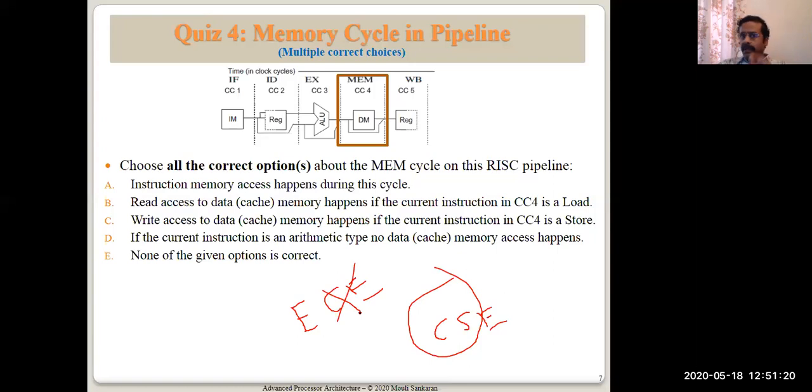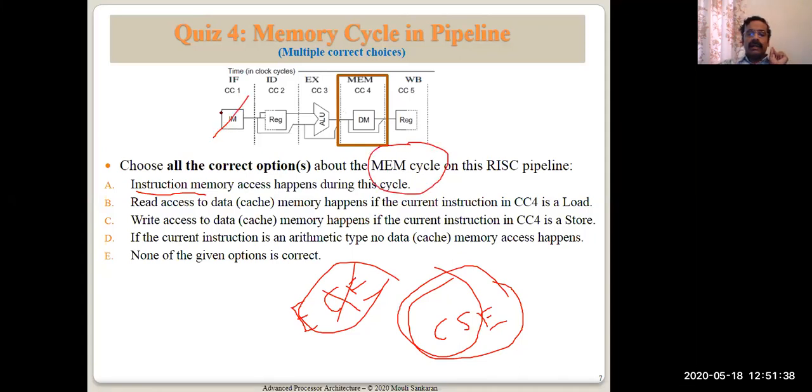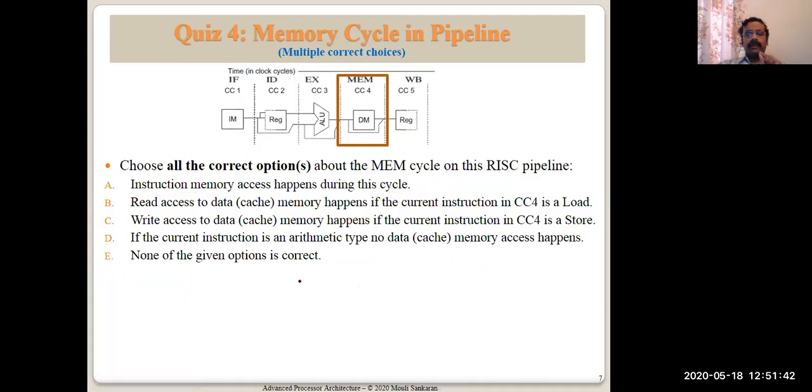They are happening in parallel, but for a different set of people. So when I say instruction memory is getting accessed during this cycle, I mean during this memory cycle, so it is not correct. Maybe some of you mistook it. It's okay. I hope now you are clear.